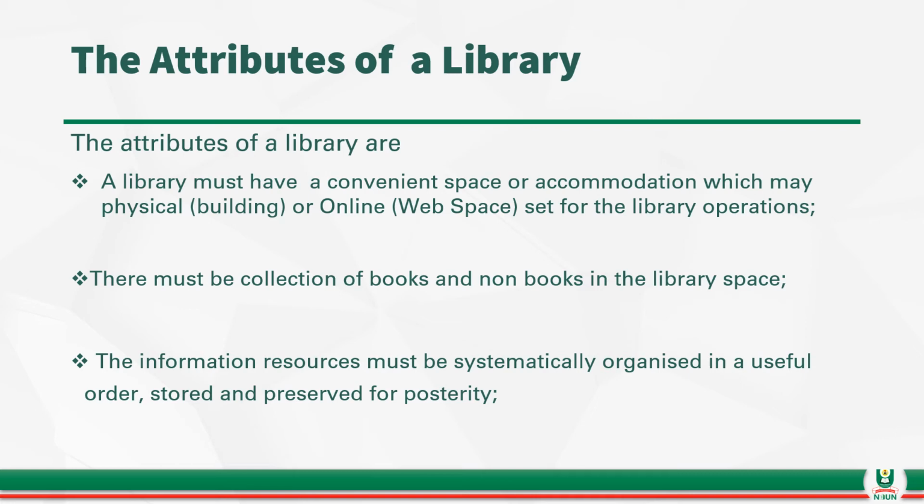There must be a collection of books and non-books in the library. Without books and non-books, the library cannot do what? Exist. The information resources must be what? Systematically arranged using what? A classification scheme, having a definite order.